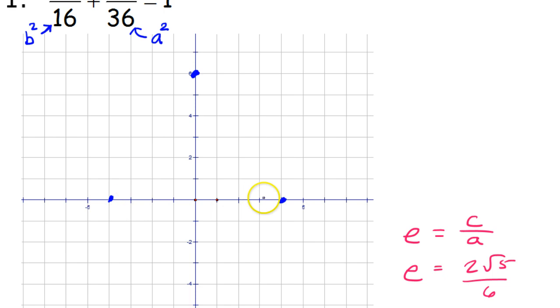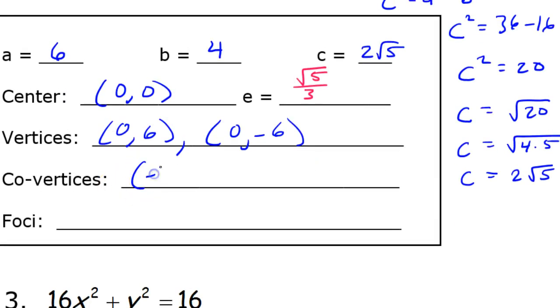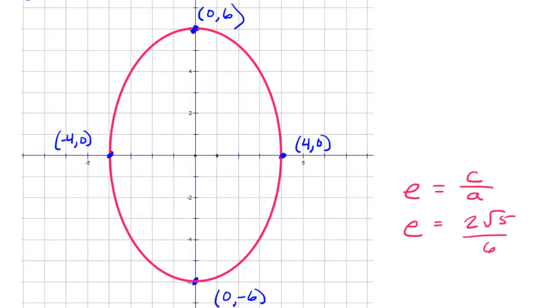So these will be my co-vertices, which are -4, 0 and 4, 0. Based on the vertices and the co-vertices, we can see that the ellipse will be right here.